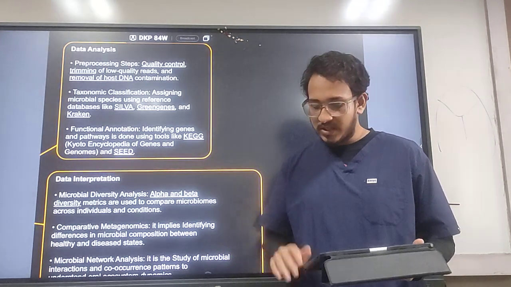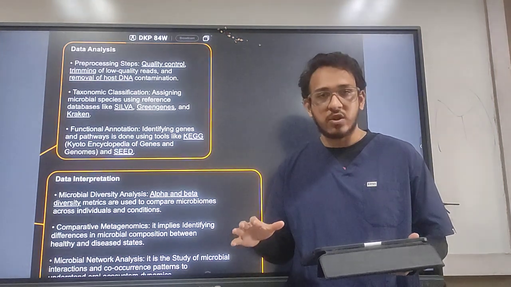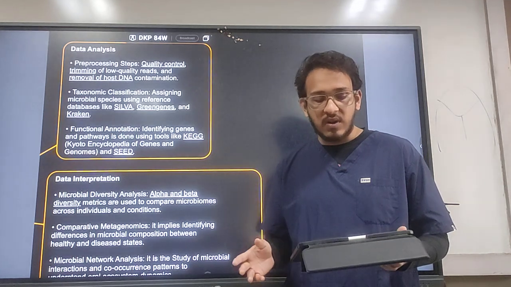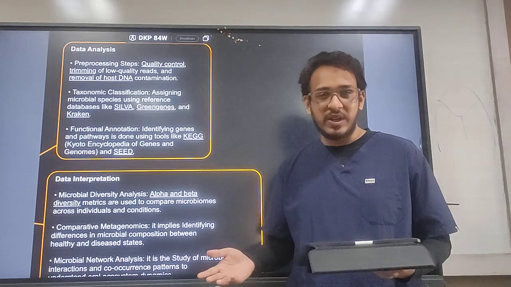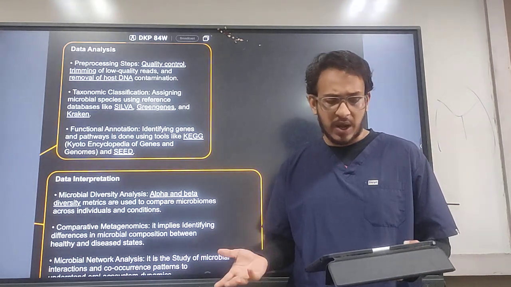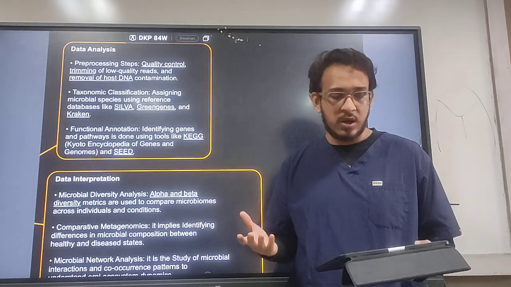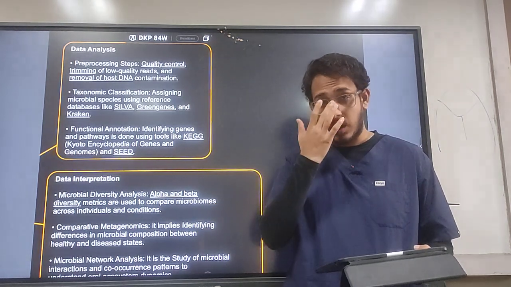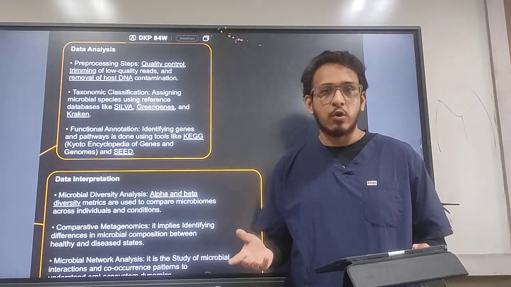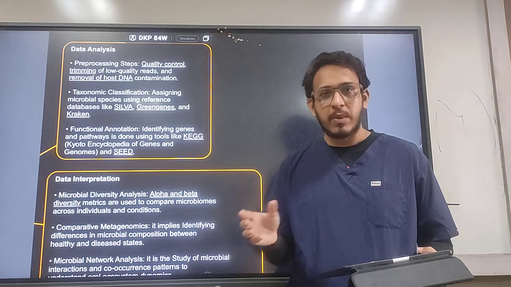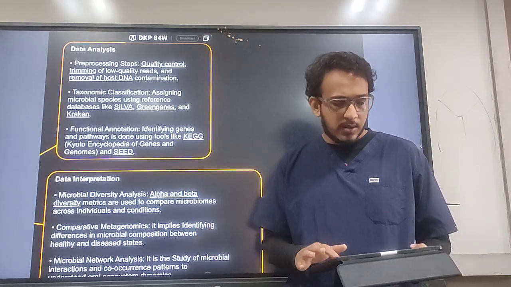After this, taxonomic classification is done. This is done using reference databases like Silva, Greengenes and Kraken. So taxonomy is naming the microbe. The database already has the records, uploaded on the software or the internet, which helps to identify the specific bacteria by matching the sample and the database.